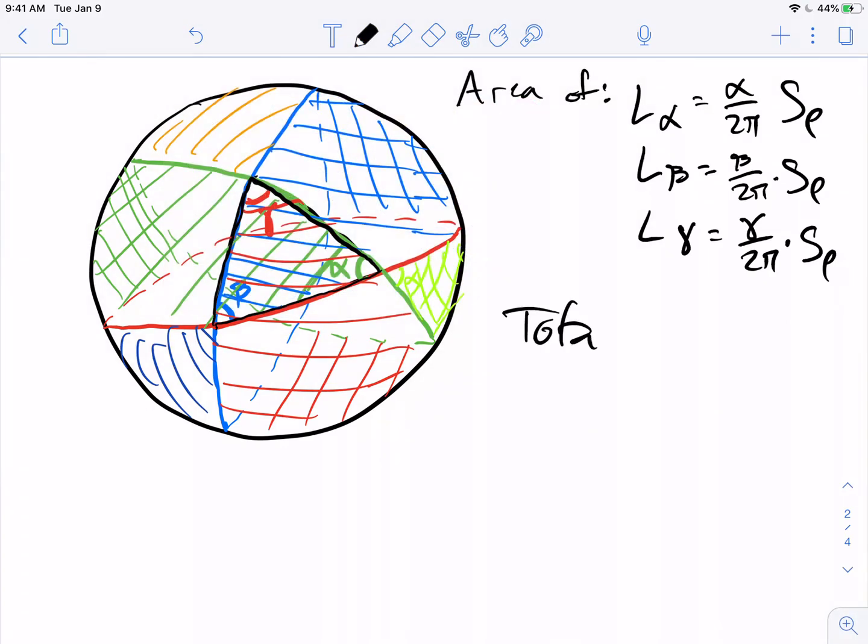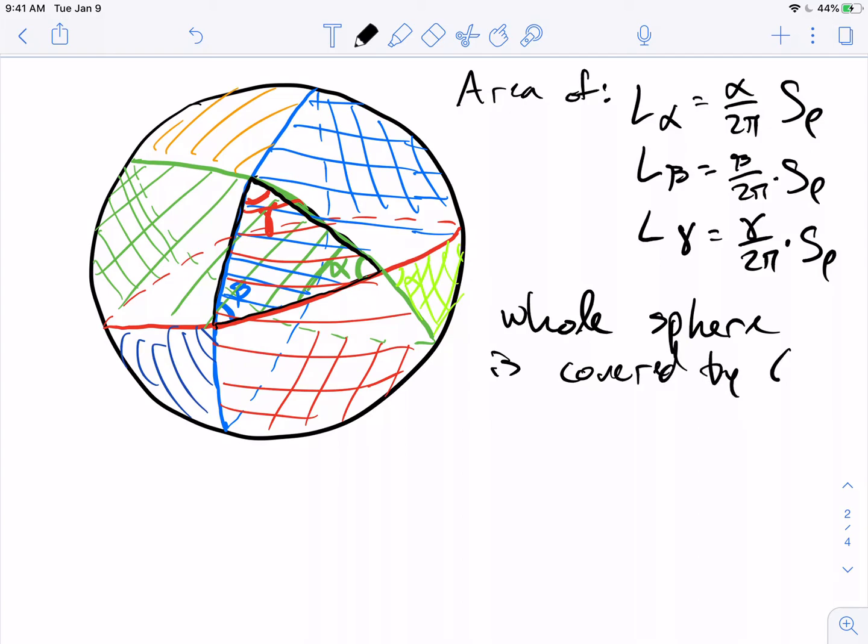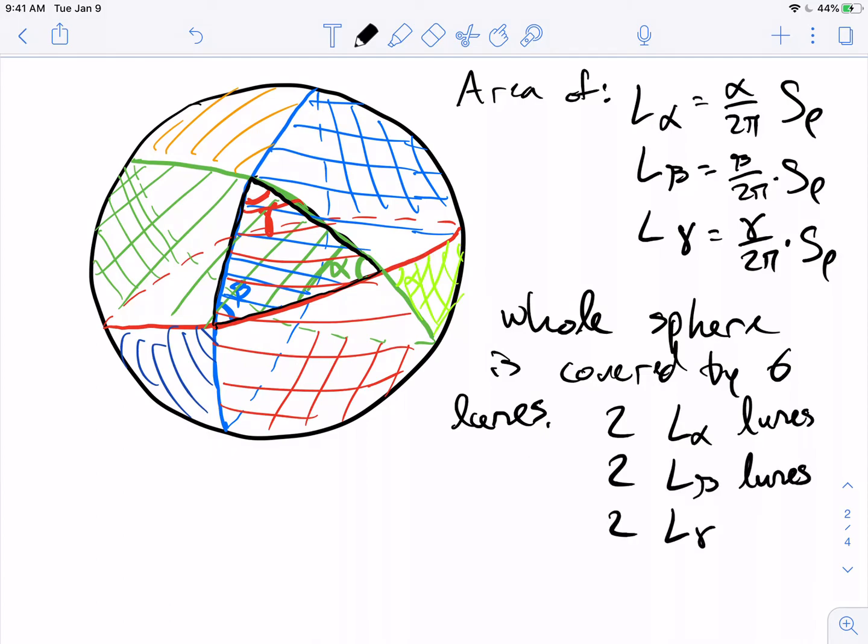So I should say the whole sphere is covered by 6 lunes. 2 of them look like L-alphas. So 2 L-alpha lunes, 2 L-beta lunes, and 2 L-gamma lunes.